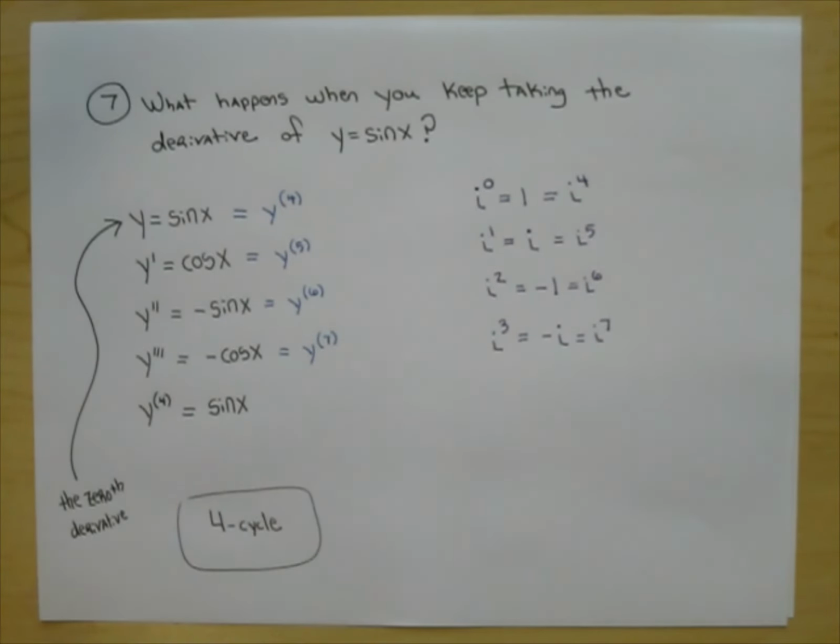We don't usually say that, but there are times where I have called the original function the 0th derivative, especially if we're putting things in summation notation. So that is problem number 7.